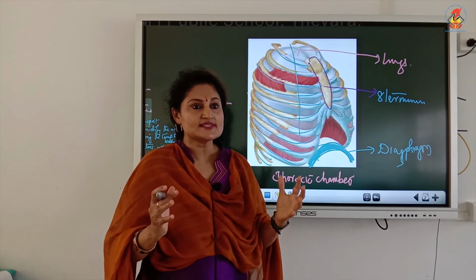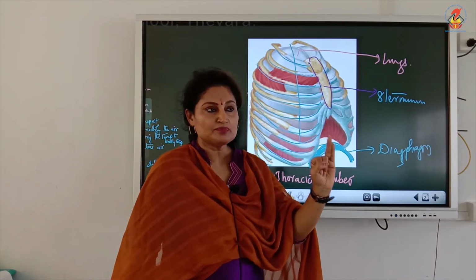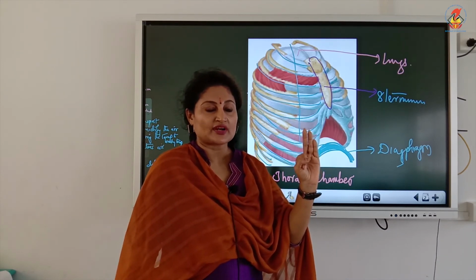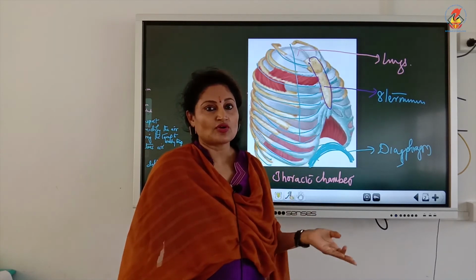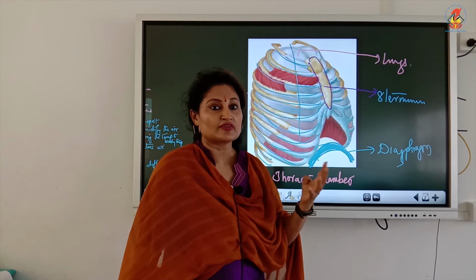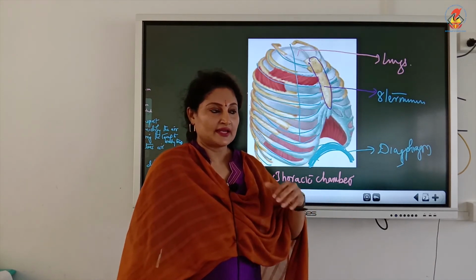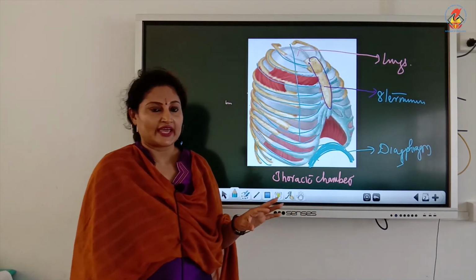It involves the movement of the diaphragm, it involves the movement of the ribs, and thereby it involves the volume of the thoracic cavity. And when the volume of the thoracic cavity is altered, what happens? The intrapulmonary pressure also alters, and this enables pushing out of air or getting in of air.